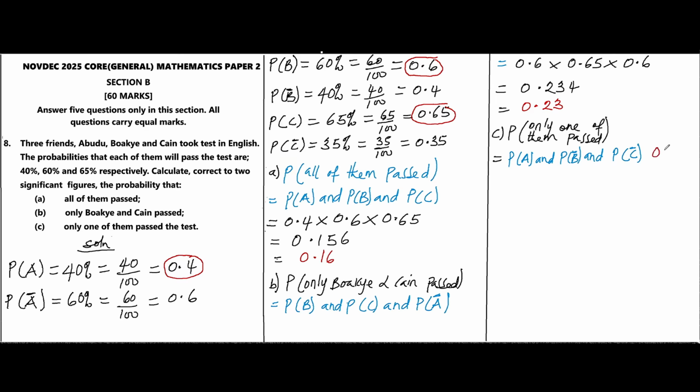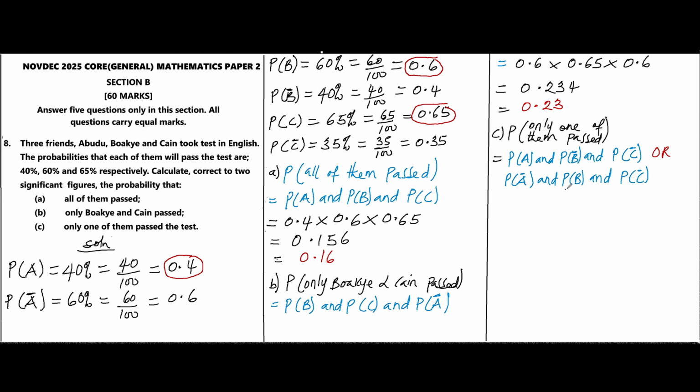Or, the first condition is only Abudu that passed the test. Another condition is that this time Abudu will fail and Boakye will pass and Cain will still fail.